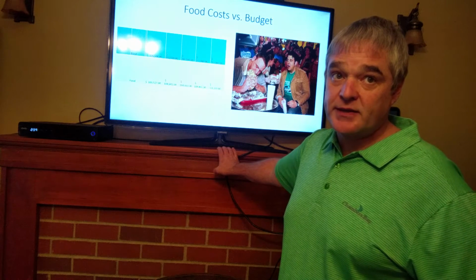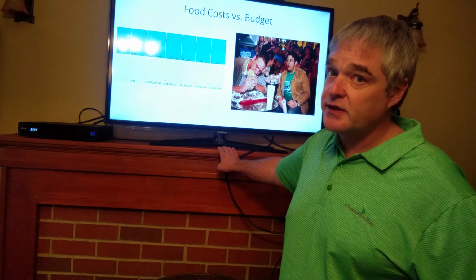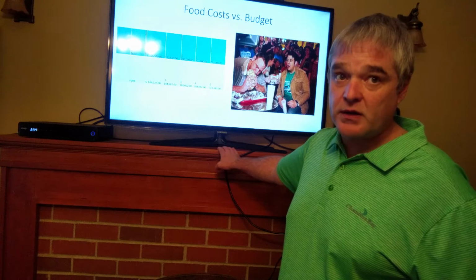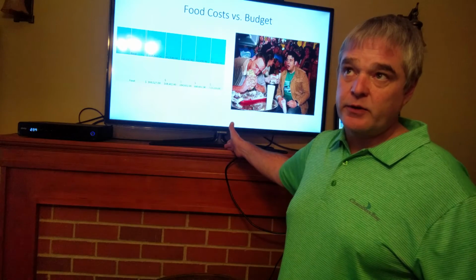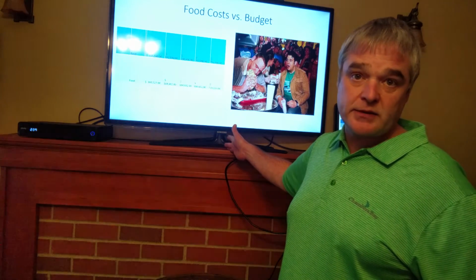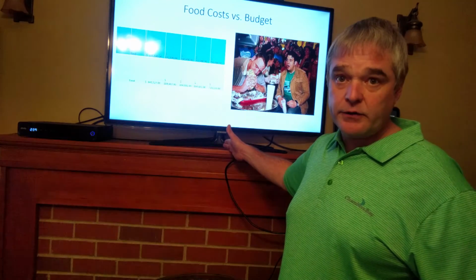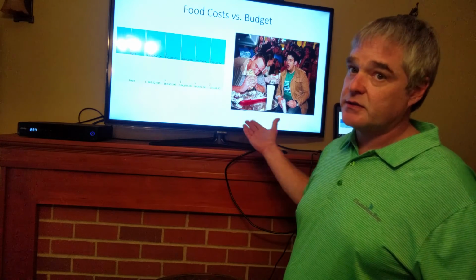Food costs only spent $723,000, so they saved a lot of money. They budgeted very well and spent wisely. So this is an area where we can actually commend somebody or a department.